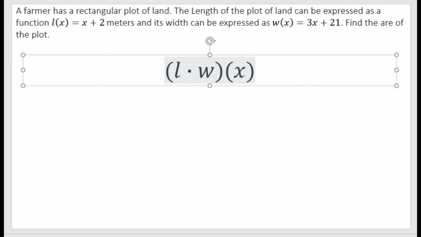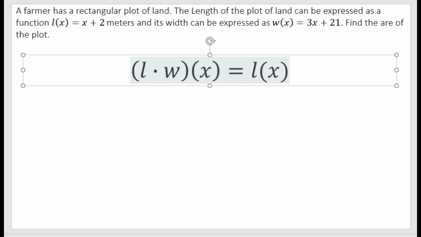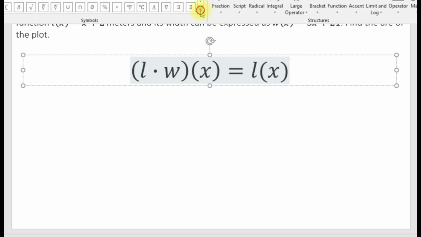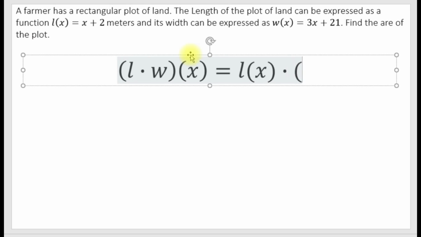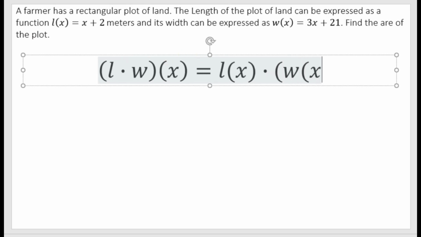So L of x stands for the length, and then W of x stands for the width. So that can be rewritten as L of x multiplied to W of x.